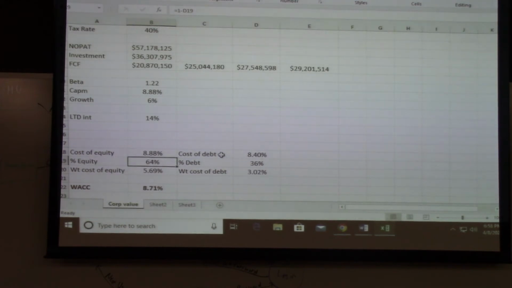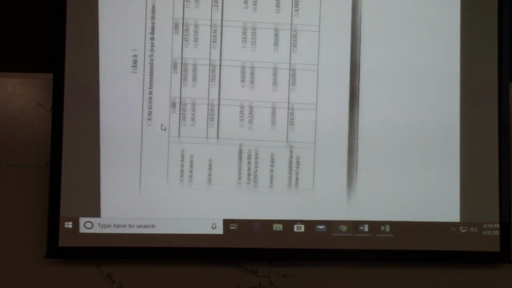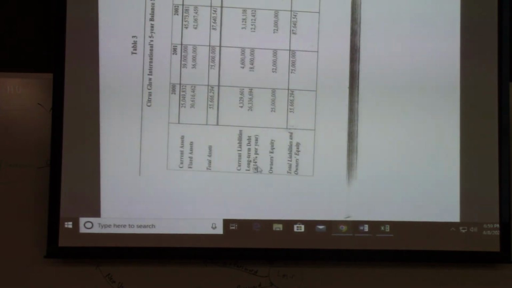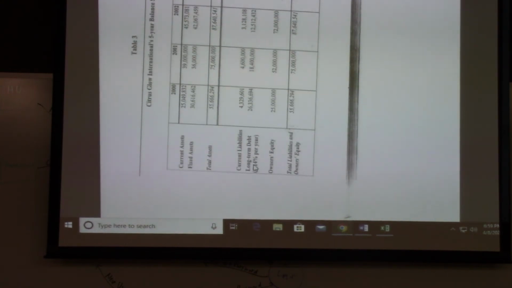Now we have to find the cost of each. Let's find the cost of debt first. And that's easy because it says on the balance sheet that long-term debt is 14% per year, pre-tax. So they tell us that, pre-tax. So we have to find the after-tax cost of debt.